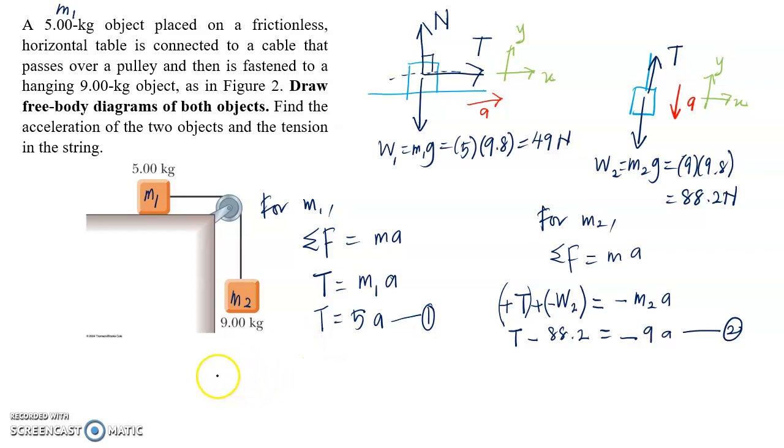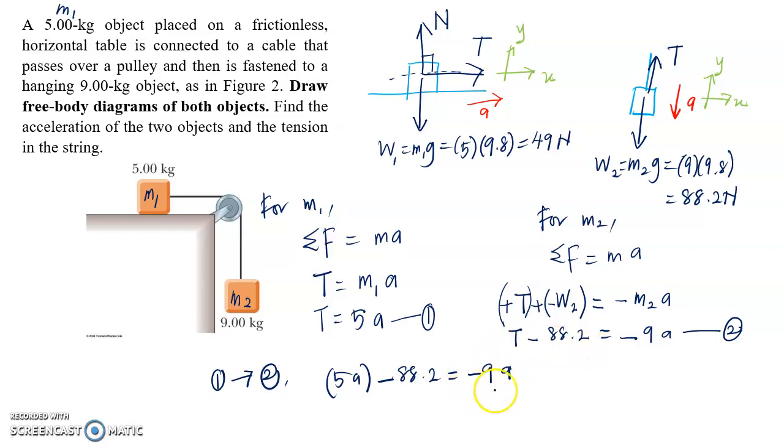So what we have to do next is solve this simultaneously by substituting equation 1 into equation 2. So T here is equivalent to 5a based from equation 1, and then we're going to write the full expression from equation 2: 5a minus 88.2 is equal to negative 9a.